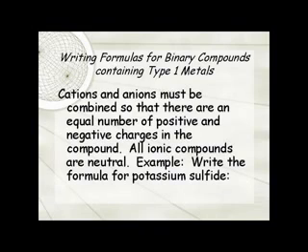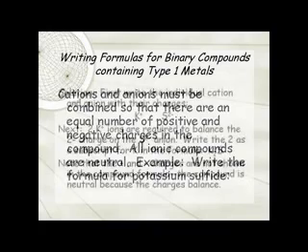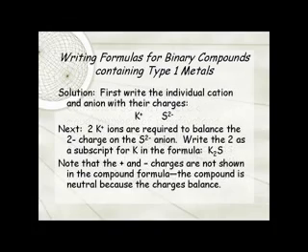For example, we're going to write the formula for potassium sulfide. We're looking at writing the formula when we're given the name. The name that we've been given is potassium sulfide. So first what we want to do is write the individual cation and anion with their charges. So for the potassium it will be K plus. For the sulfide ion it will be S2 minus.